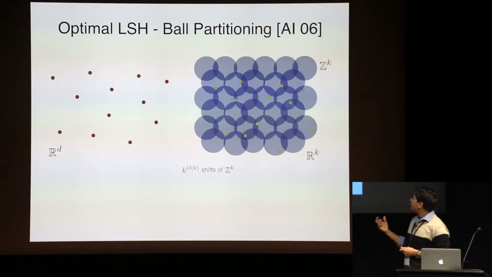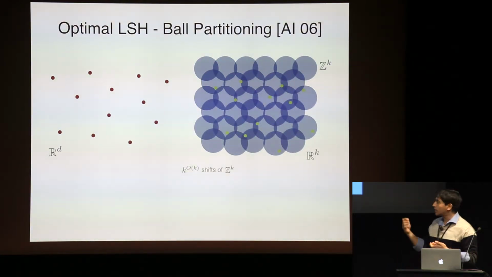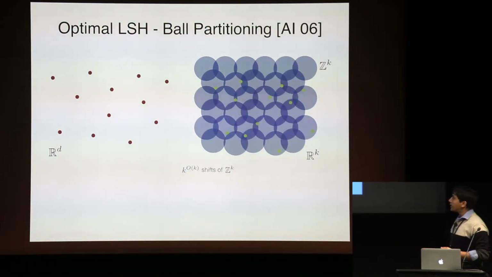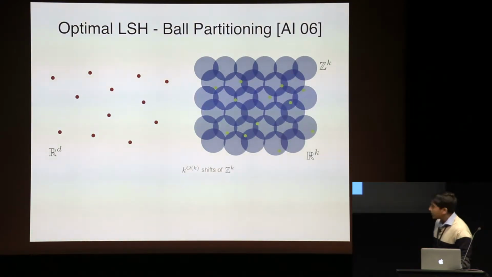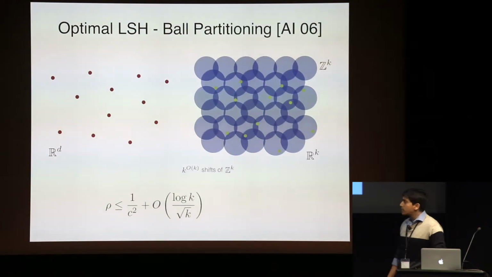The hash of a point is just defined as the center of the ball in which the projected point lies. You can break ties in a certain order, but this is what the hash function does. They have shown that this hash function achieves the optimal LSH constant, where the convergence factor to optimal, the little o of 1 term, goes to 0 as k increases.